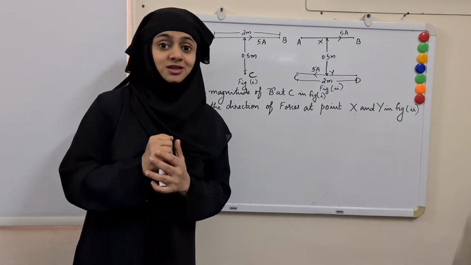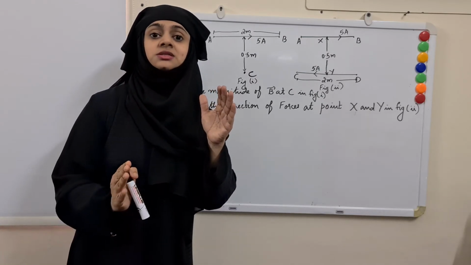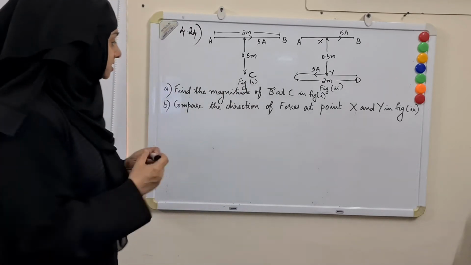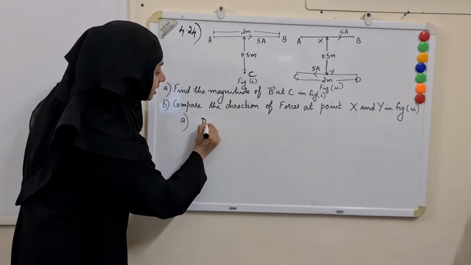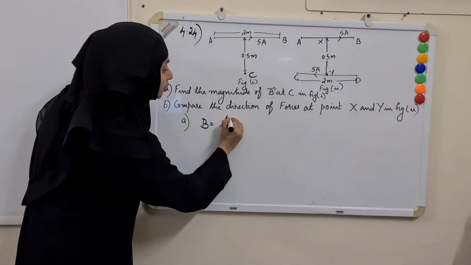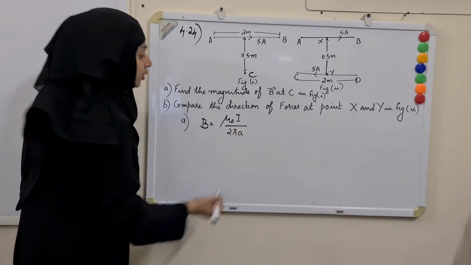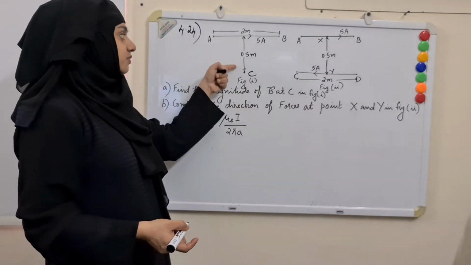So we have learned the formula for magnetic field at a distance from a straight wire carrying current. What is that? Magnetic field B is equal to mu naught I by 2 pi A, where mu naught is the permeability of free space and A is the distance from the wire.